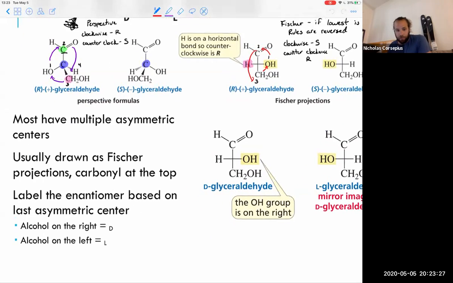Luckily, there's a set-in-stone way that we do this. Fischer projections are drawn with the carbonyl carbon at the top. Notice this last carbon here is not drawn in that Fischer projection type of way. Why would that be?